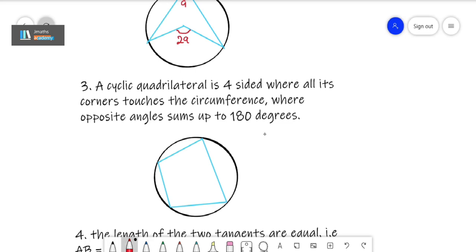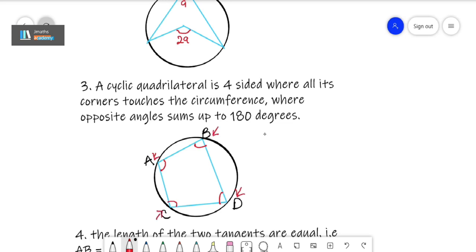For instance, we have angles A, B, C, and D. From the definition of this property, we are told that opposite angles sum to 180 degrees.